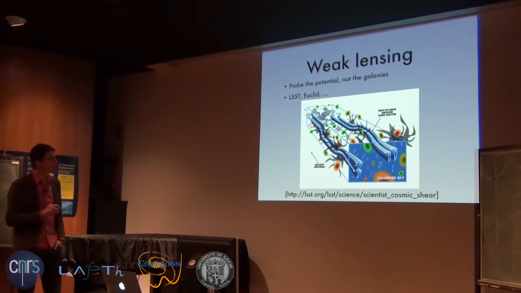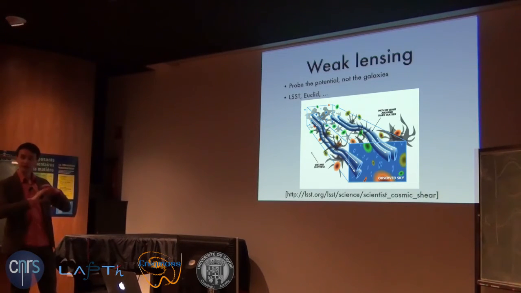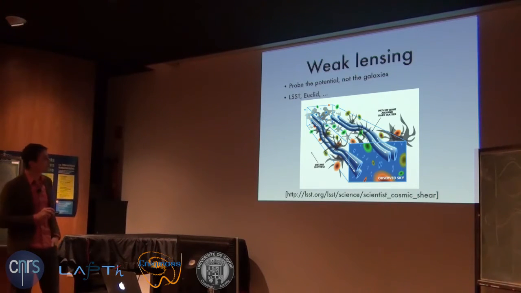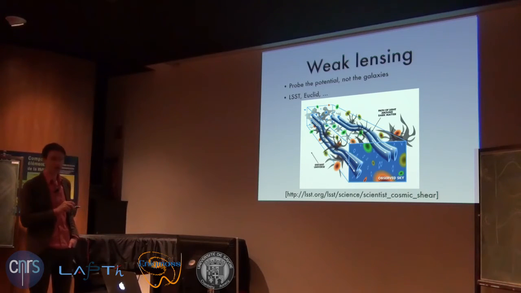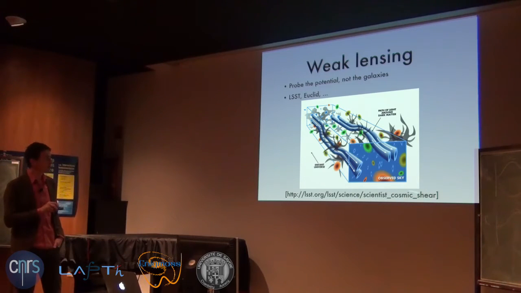Of course, we only observe one sphere, only a function of 2 angles. So in principle, we measure an integral of the shape of the gravitational potential along the line of sight. We only observe this patch, and the distribution of the shapes of these galaxies is subject to the integral of the gravitational potential along the line of sight.